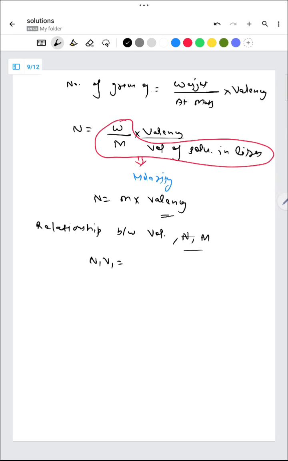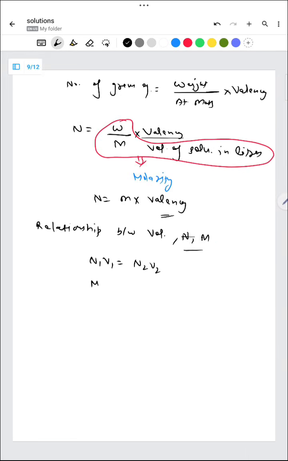One relation is N1V1 is equal to N2V2, where N1 and V1 are the normality and volume of one component, and N2 and V2 are the normality and volume of another component.